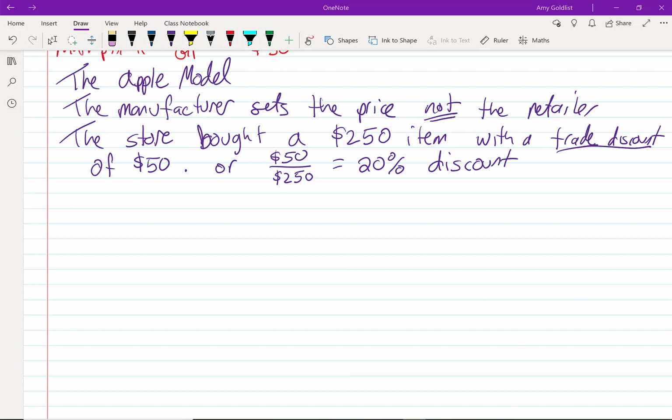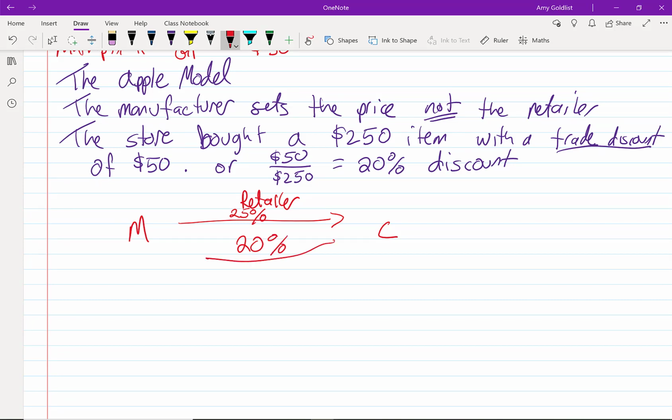Let's look at the supply chain from the way the retailer buys it. The retailer buys from the manufacturer and then sells it to the consumer. And on the way, they mark it up by 25% from 200 to 250, or they mark it down by 20%.